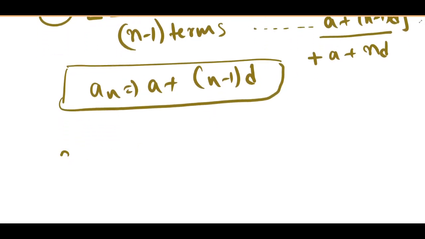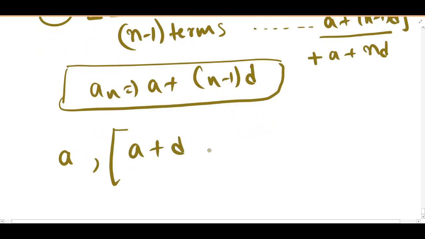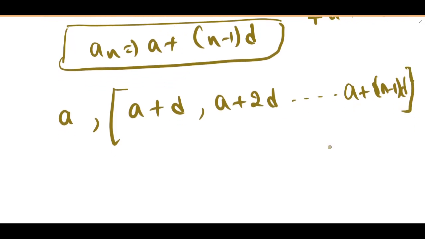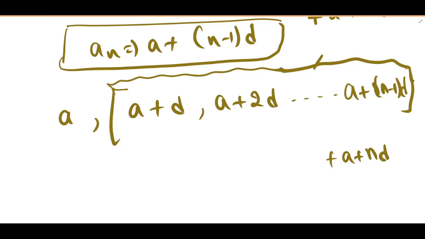Or we can say if a is the first term, then a plus d, a plus 2d, up to a plus n minus 1 d, and the next term will be a plus nd. So the whole number of terms in the bracket is n minus 1 terms.